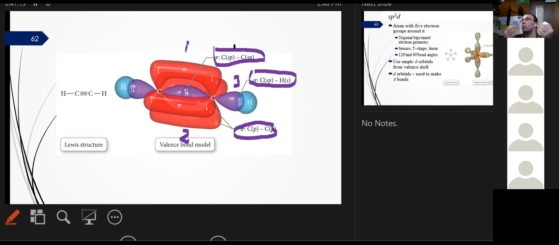That would be your more basic question. This would be the next one, where it's asking what's the difference between a sigma bond and a pi bond, what kind of bond this one would be, and what's the orbital overlap happening here. So that would be a more involved, more advanced problem for that topic. Okay, thanks.